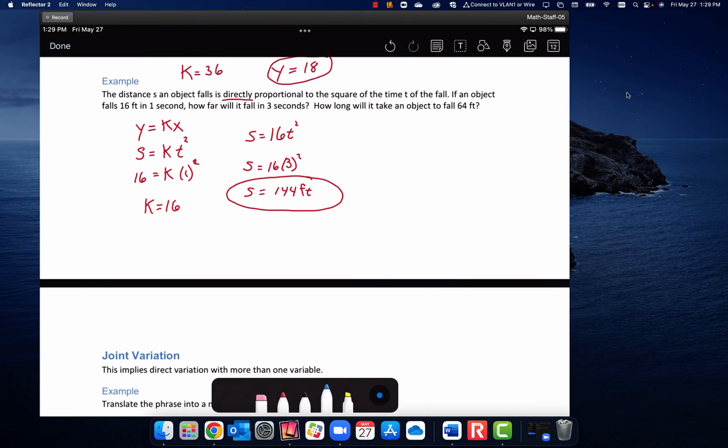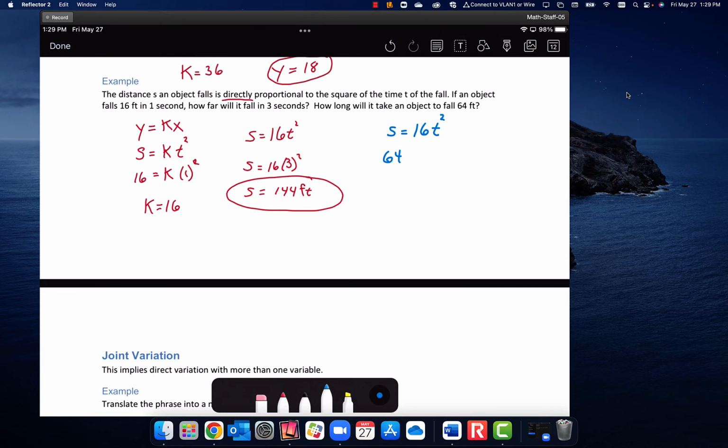The second question is, how long will it take for an object to fall 64 feet? Going back to our initial equation with k being 16, and this time we want the distance to be 64 feet.